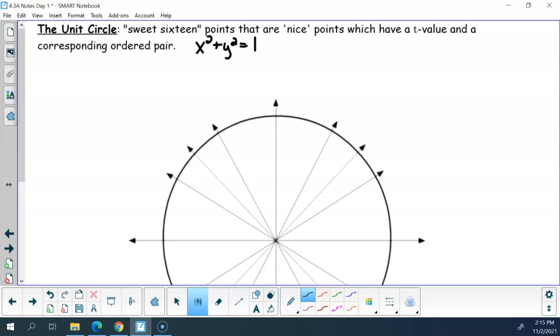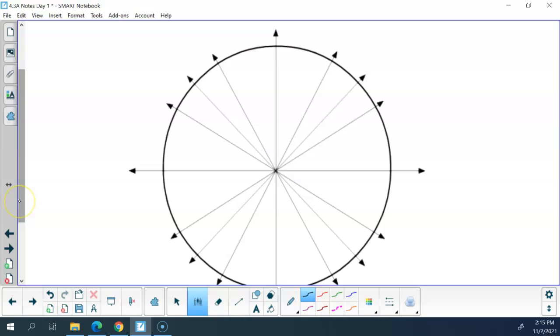So, I'm going to give you the starting point. We together then are going to fill in the remaining 15. So the starting point for the unit circle is over here. The coordinates of the point are 1, 0. Because it's 1 unit straight to the right. That's our starting point, so that would be 0 degrees or 0 radians.